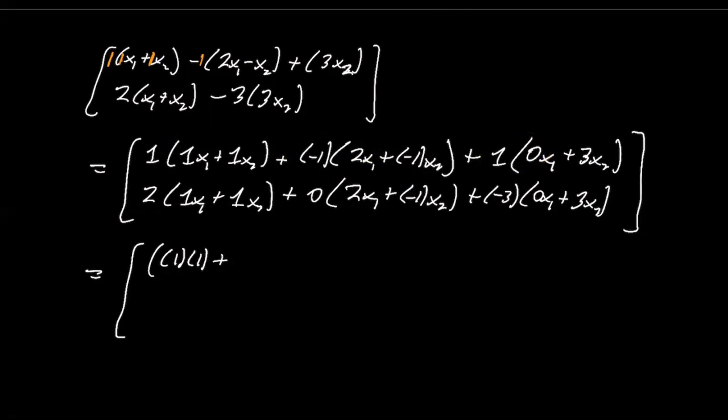So 1 times 1 plus -1 times 2 plus 1 times 0. That's everything in front of x1. And you should try to do the same thing. Pause the video and do the same thing. I'm just going to copy out what I get, but I would pause and do the same for the rest of these terms.